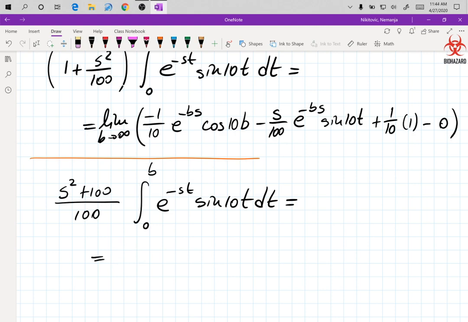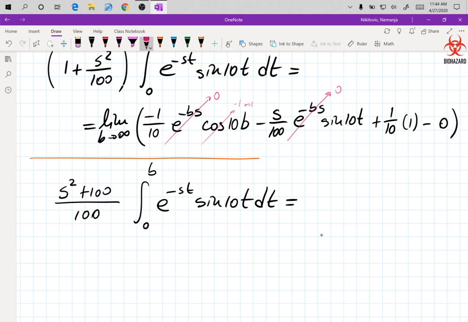okay, now we do the limit. Let's do the limit. When I plug in my infinity, this guy goes to 0, this guy goes to 0, and by the way, when you plug in infinity, these cosines and sines have no limit, but they are bounded between negative 1 and 1, right?